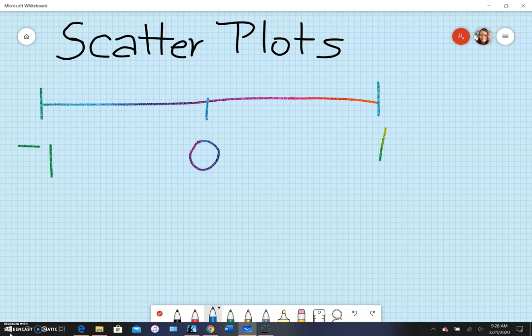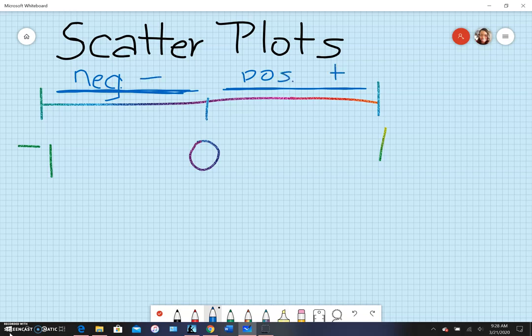Logically speaking, if your correlation coefficient falls over here, you should know that it is negative. Just like on a number line, to the left of 0 is negative, therefore to the right of 0 will be positive. Hopefully that is not new material for you.